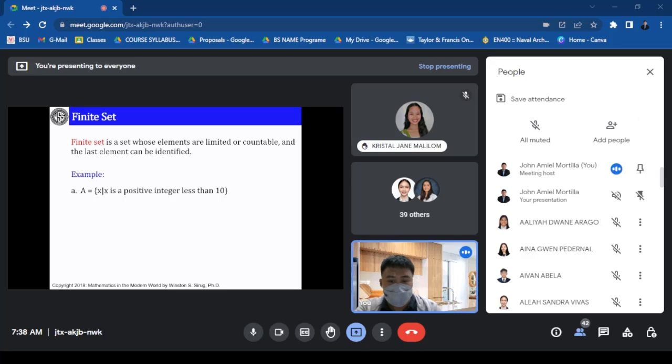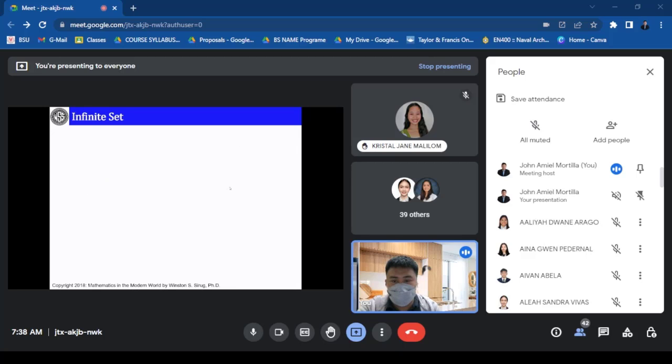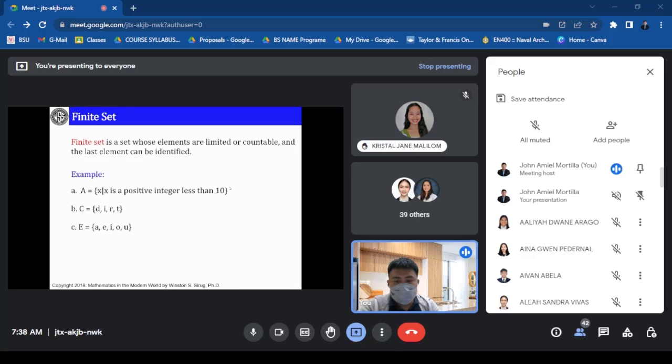Okay, so x is a positive integer less than 10. So, ang ating sagot dyan ay... Ano ulit, Crystal? Number 1 to 9 po. Okay, so 1 to 9. Yan ang letter A natin.